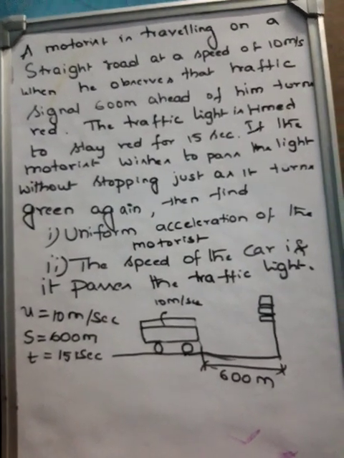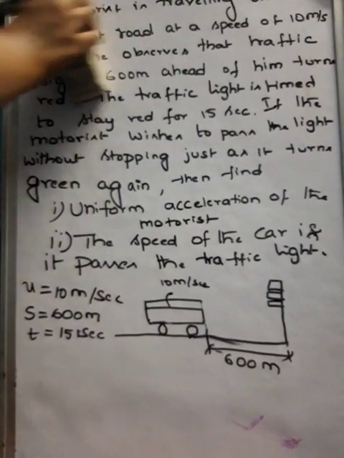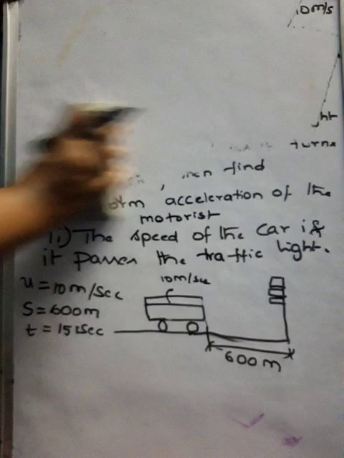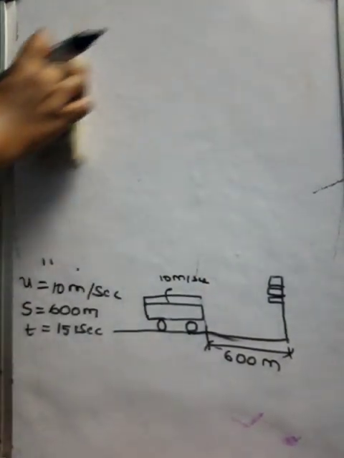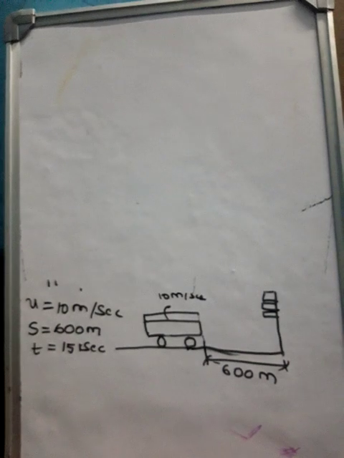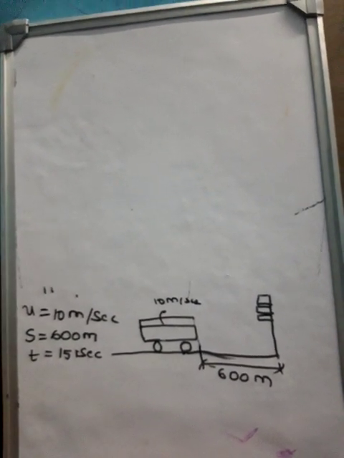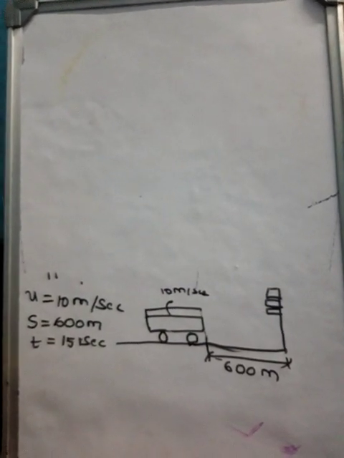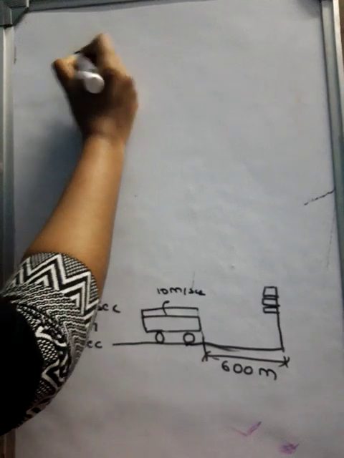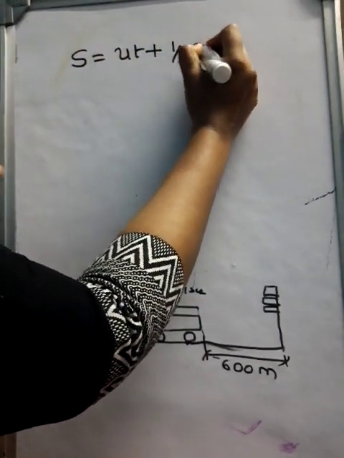You have many equations, right? In that, you can use the distance equation, that is S is equal to ut plus half at square. From that you calculate the value of the uniform acceleration. So S is equal to ut plus half at square.